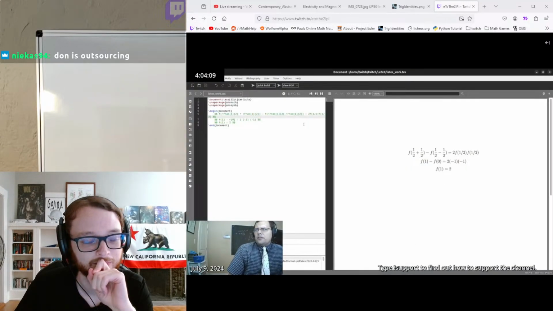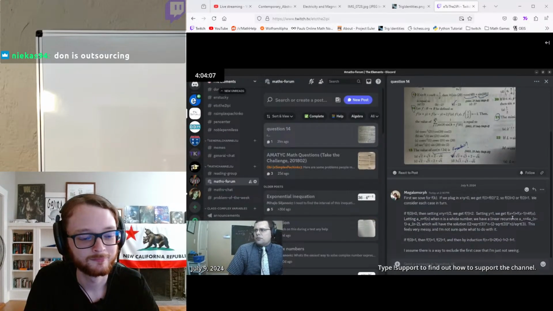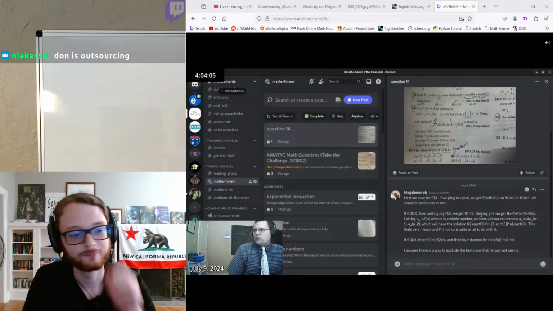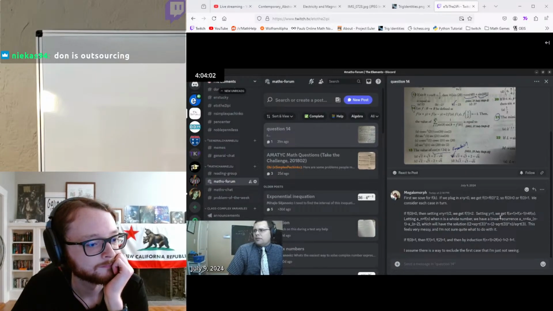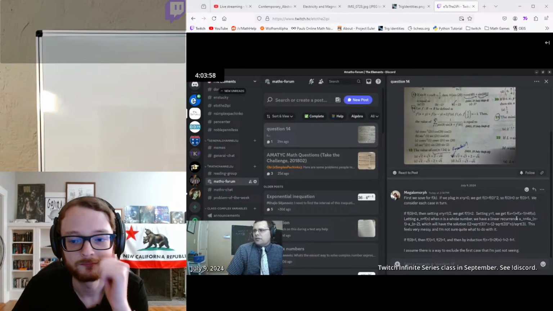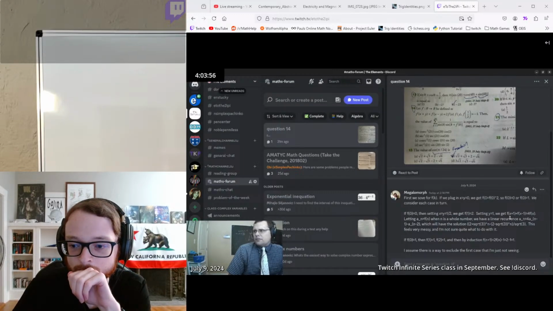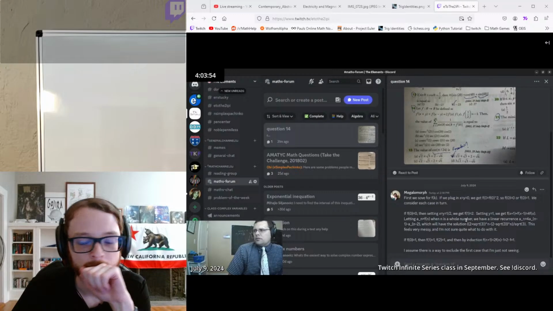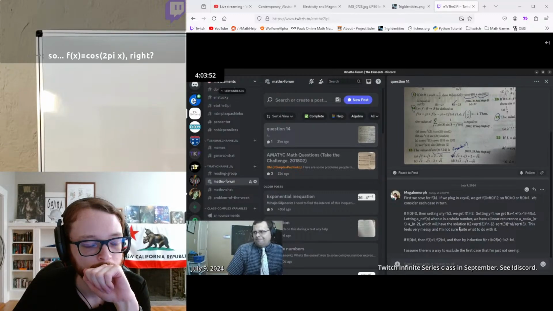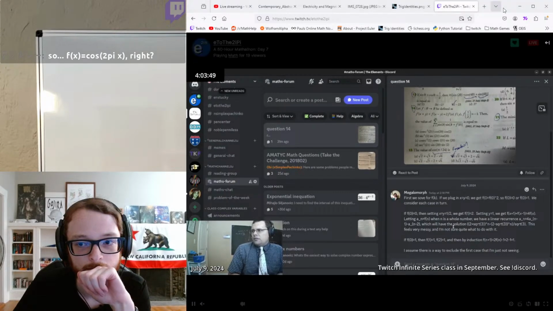Cool. Setting y equal to 1, we get 4f of x. So you get a linear recurrence. This is very messy. I'm not sure what to do with it.